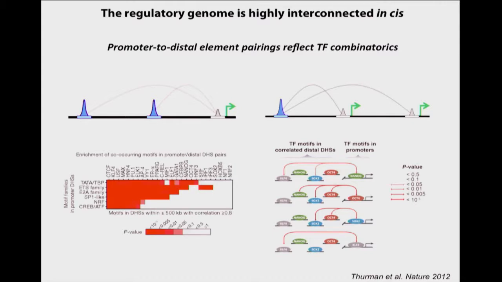The most extreme example is that if you have a promoter that has KLF4, it is only connected to distal elements that also contain KLF4 and never any of these other factors. So there are all these rules that are really begging exploration.